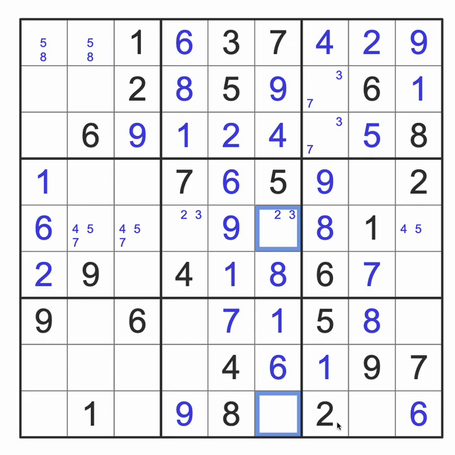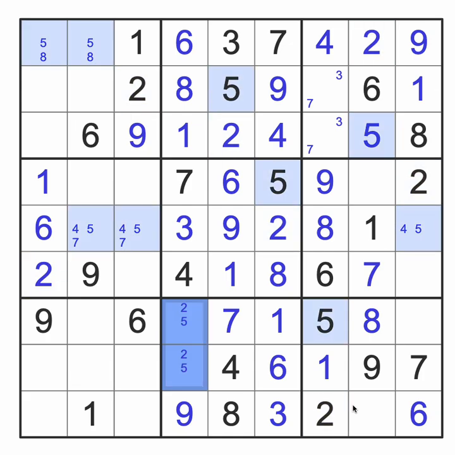And actually these are 2, 3 double, and 2 here makes this cell 3. This is 2, this is 3. These two are 2 and 5, and 5 has made this cell 2, gives me 5.